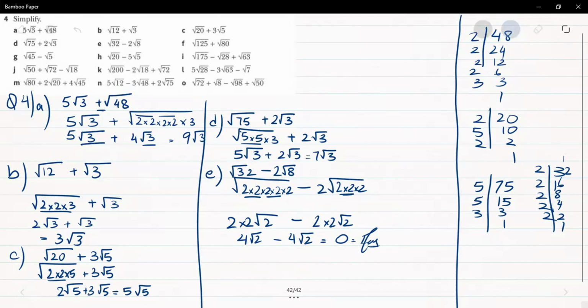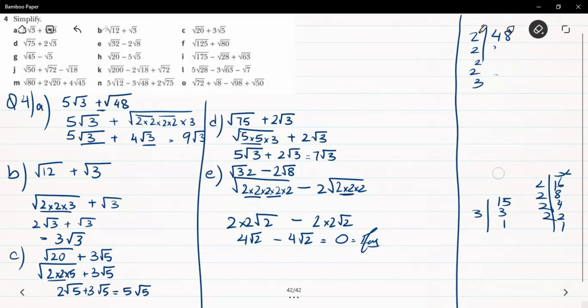Before I start part F, let me just erase this. I can have more working space here.